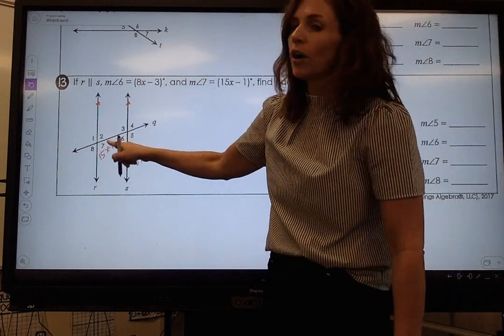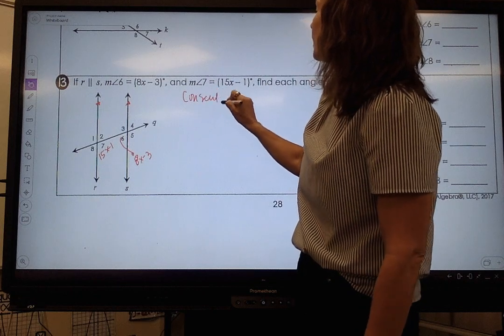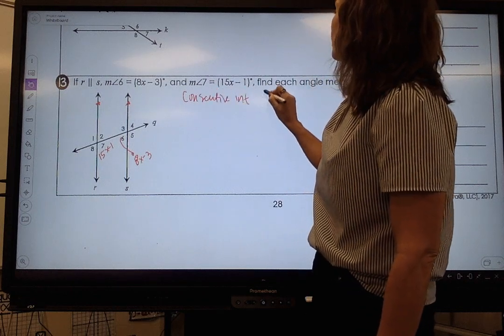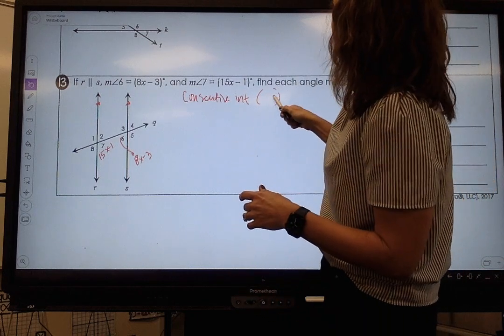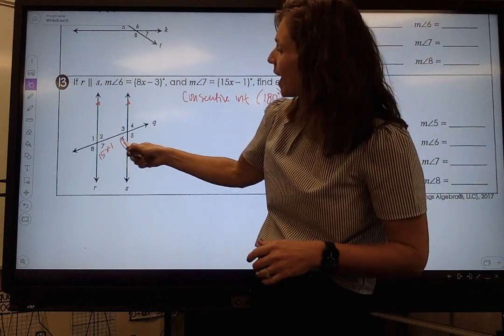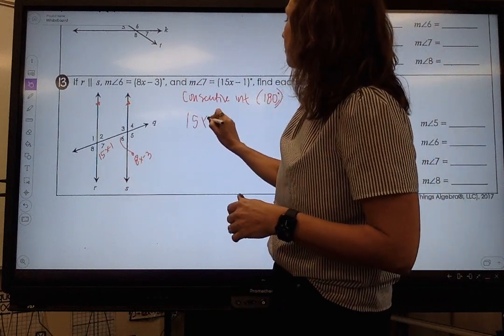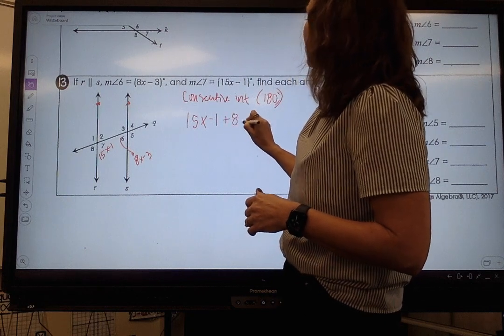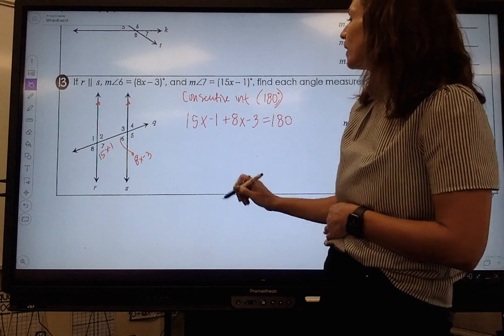Well, what do you know about 7 and 6? They're consecutive interior, and you know consecutive interior means congruency. Oh, no, it doesn't. What am I doing? Consecutive interior means they're supplementary. So these are going to add up to 180 degrees. So 15x minus 1 plus 8x minus 3 equals 180 degrees.